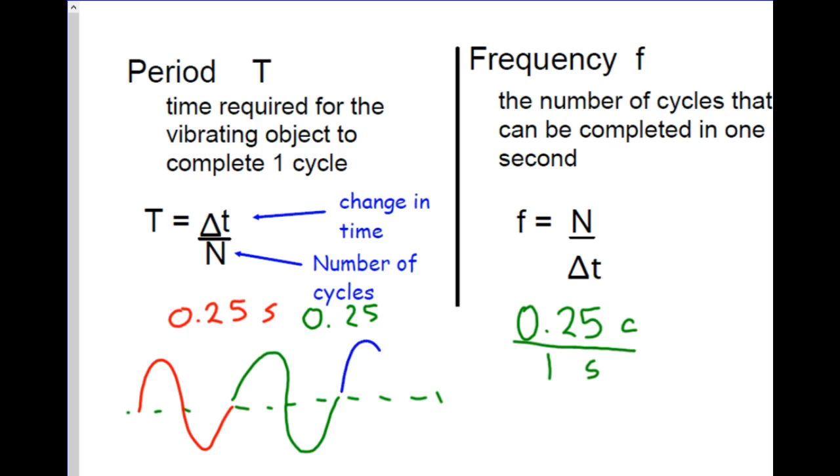And the third wave is 0.25 seconds. The fourth wave is 0.25 seconds.